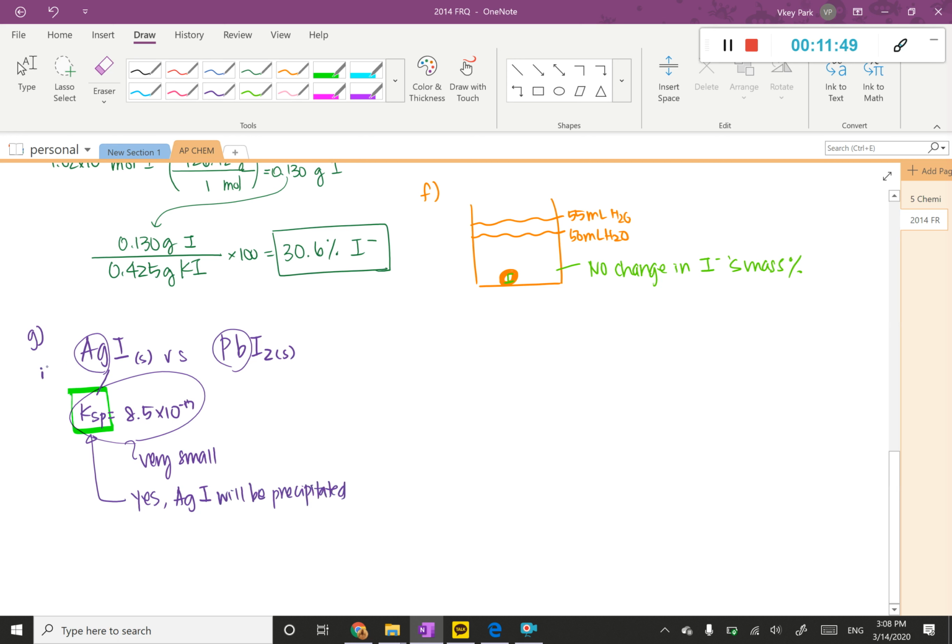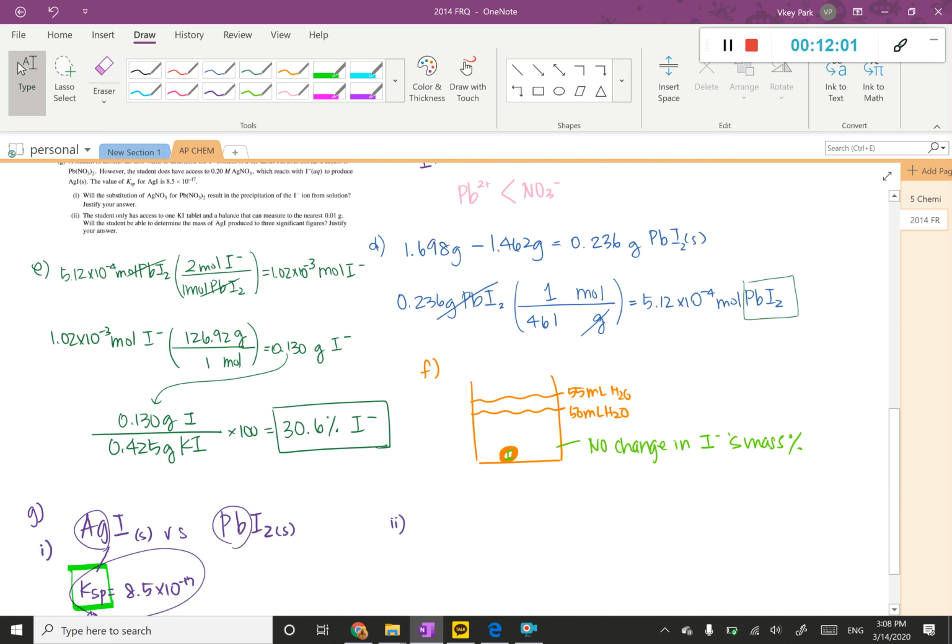So this was the first question, and the second question for G says, the student only has access to one KI tablet and a balance that can measure to the nearest 0.01 gram. Will the student be able to determine the mass of AgI produced to 3 significant figures? Here's the thing.